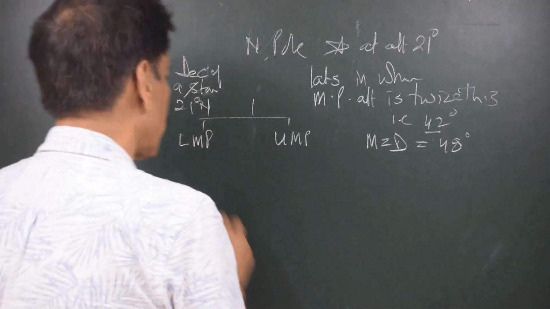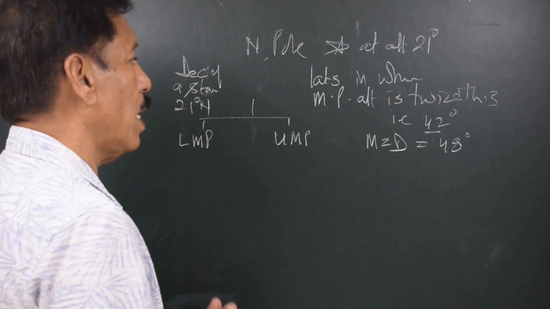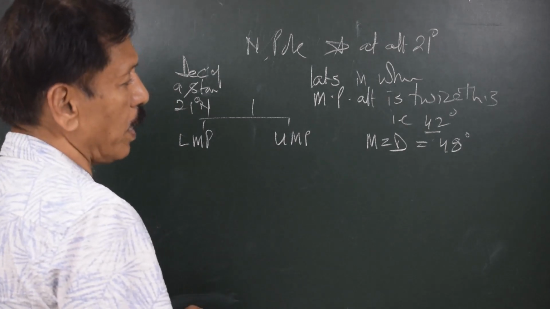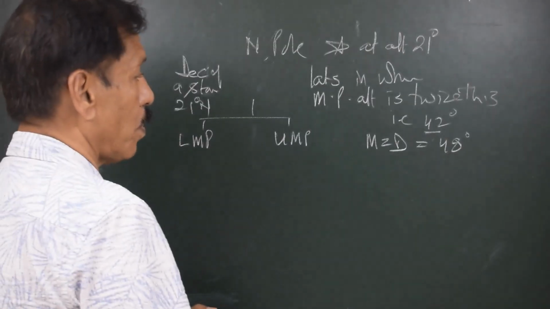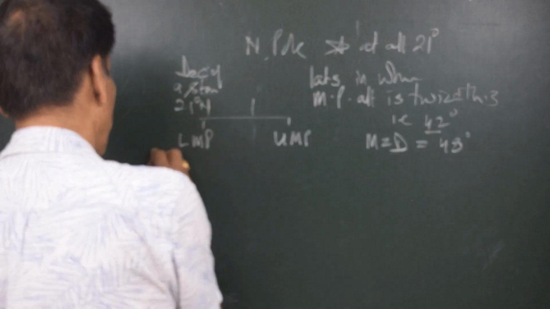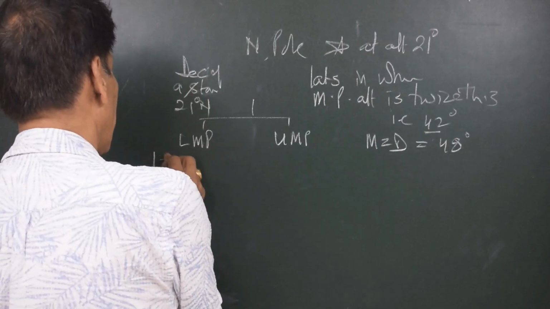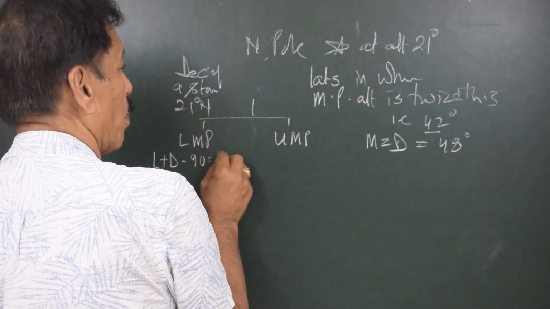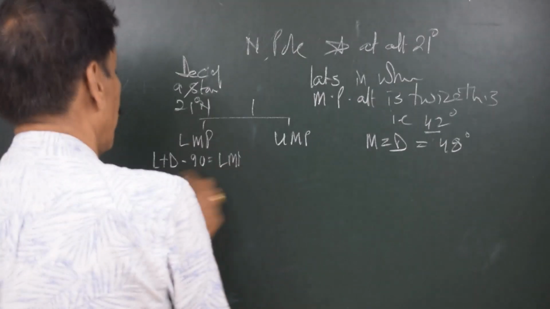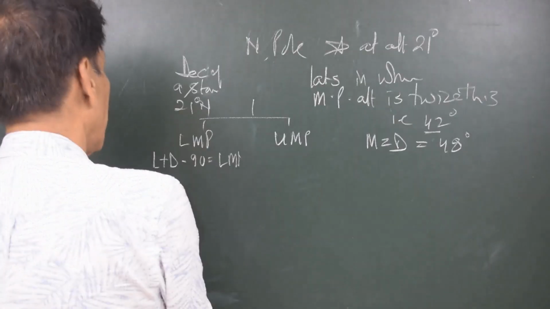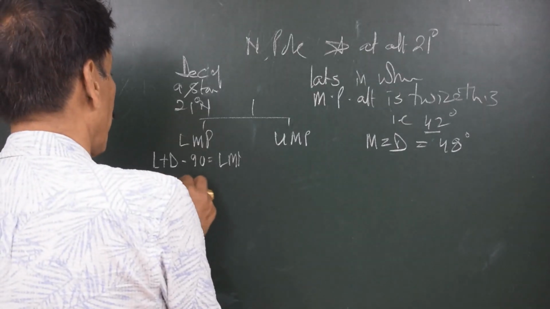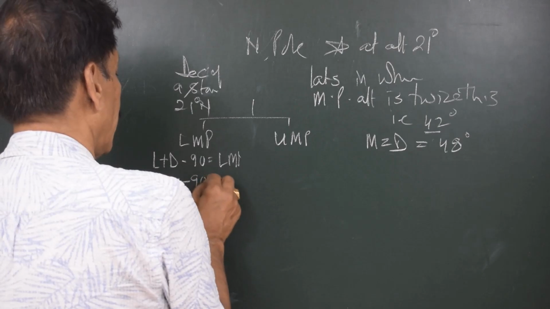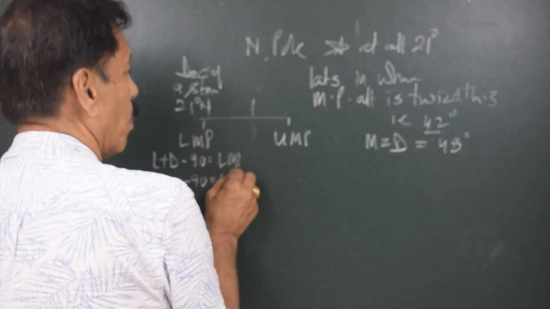Lower meridian passage, if the meridional zenith distance is 48 or meridian altitude is 42 degrees, we have the formula L plus D minus 90 is equal to lower meridian altitude, which means that latitude plus 21 minus 90 is equal to 42.